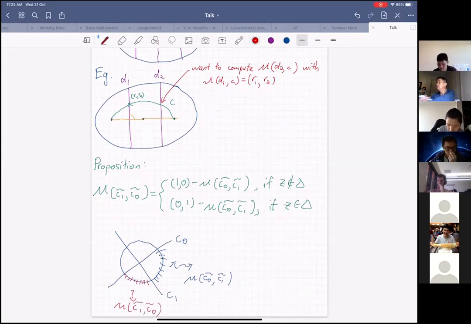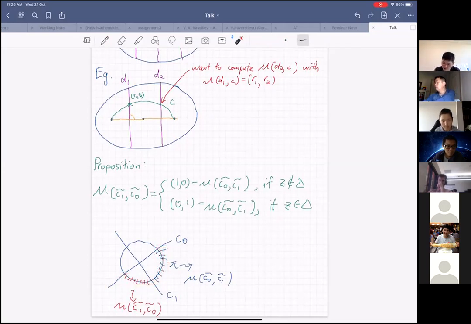But what's the difference between these two? If I go from C0 to C1, and C1 to C0, actually I'm going around 1 RP1, right? Do you see it? So you're going like this. These two paths acting together is 1 RP1.